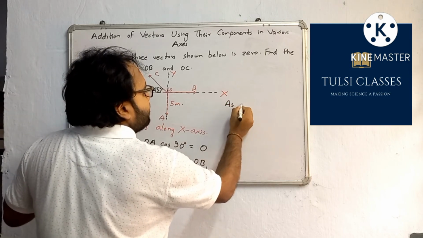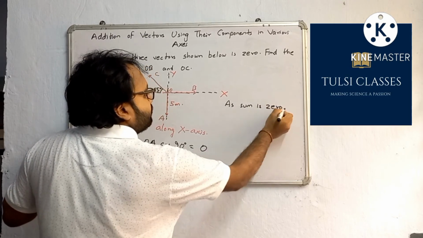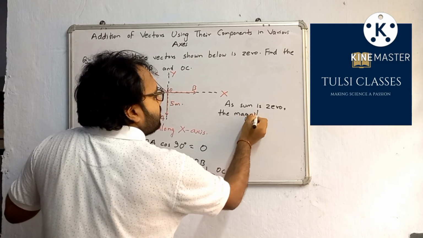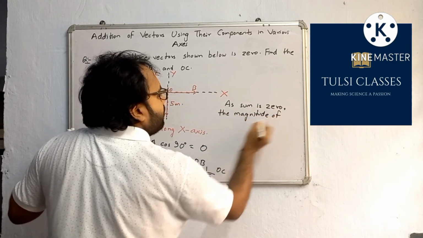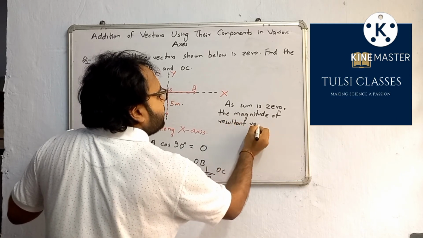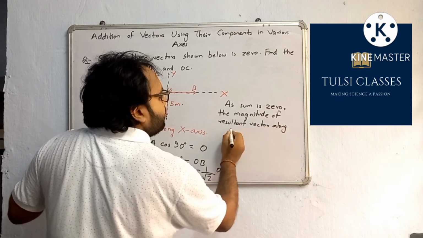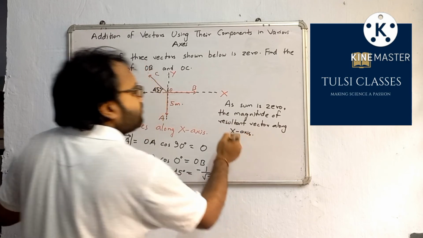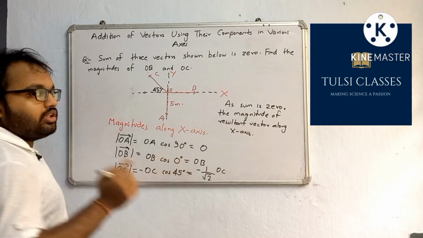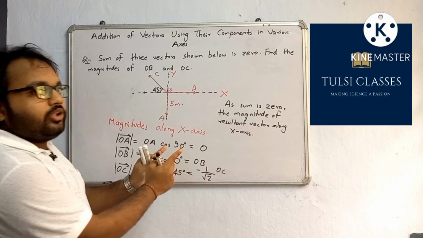As the sum is 0, the magnitude of the resultant vector along the x-axis, what is it? We will add all of these. Just now I told you ax plus bx we have to add, and the direction will be i cap.